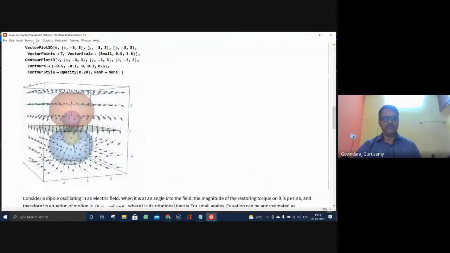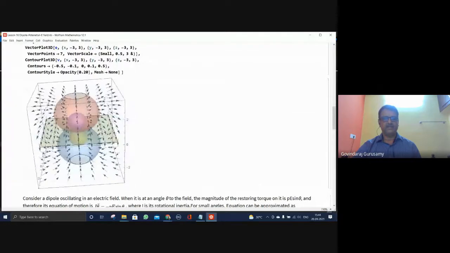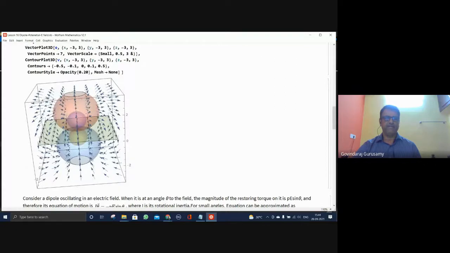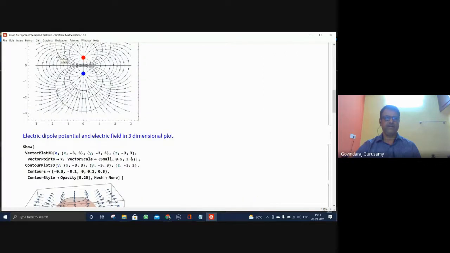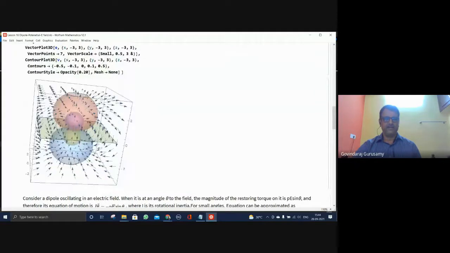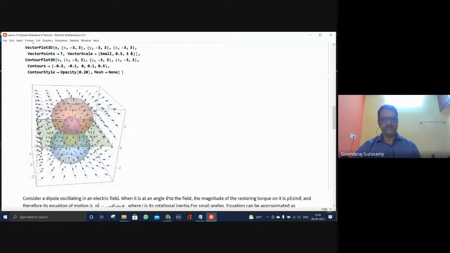This can be shown in 3 dimensions also with the vectors showing the constant surfaces here. Instead of in the plane, where you have the equipotential line, these are equipotential surfaces for the given dipole. This is what the dipole results in, which is quite interesting to see.